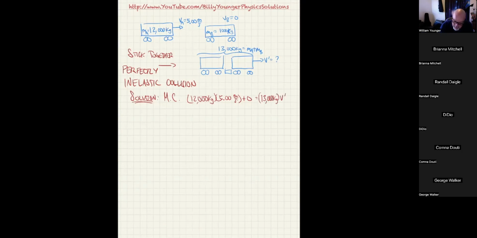So I can solve for v prime. That's going to be 5 times 12 is 60, and that's kilograms meters per second. And then I'm going to divide that by 13,000 kilograms.